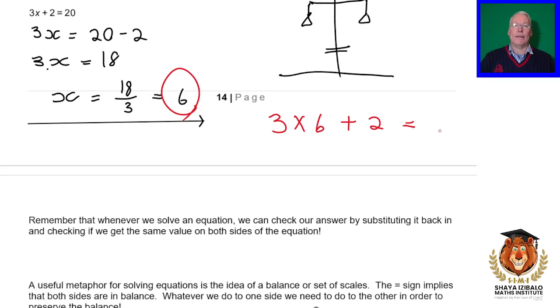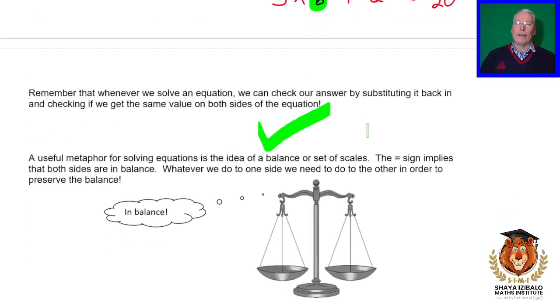What is 3 times 6? It's 18 plus 2. Yes, we get 20 equals 20. 6 is the only number that will make that work. 6 is the solution to this equation, the value of x that makes it work. So we can always check, and therefore we know that we are right.